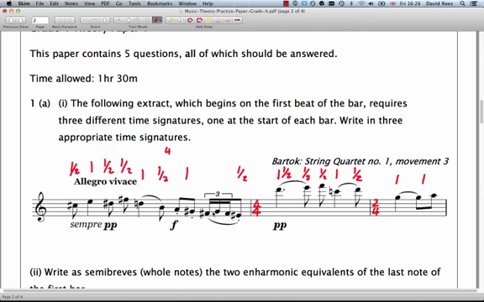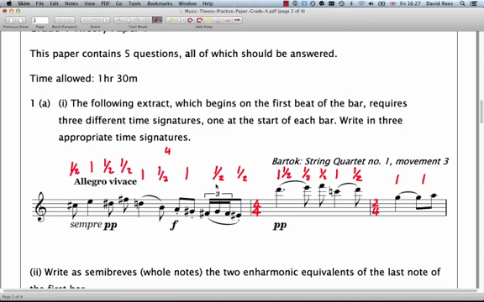So because we've got 3 triplet semiquavers or triplet 16th notes, we need to remember that we're going to play these 3 notes in the space of 2 of those notes normally. So these 3 semiquavers would normally fit into the space of 2, and 2 semiquavers add up to an 8th note or half a beat.